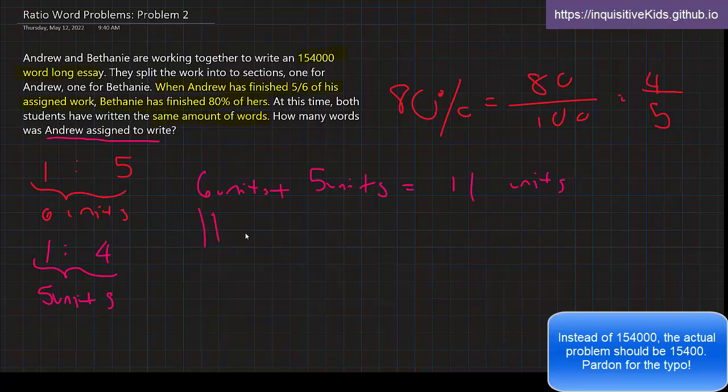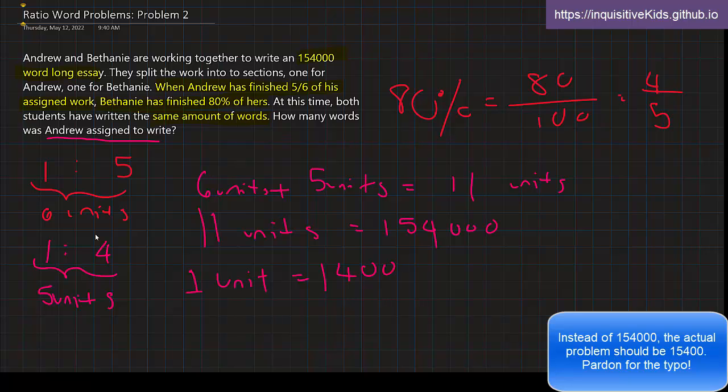And 11 units is equal to 154,000 words. So how much does 1 unit equal? Well, we're just going to divide by 11 on both sides. 154 divided by 11 is 14, so 1 unit is 1,400 words.